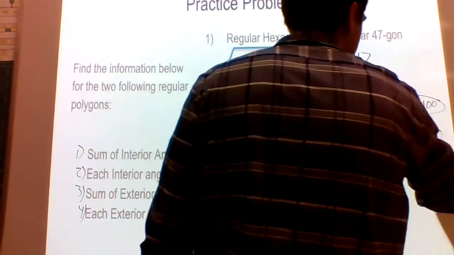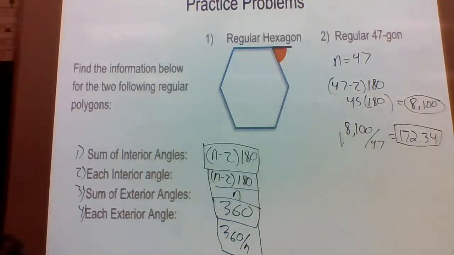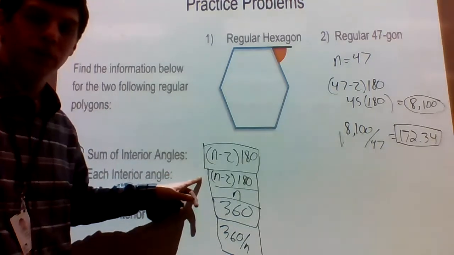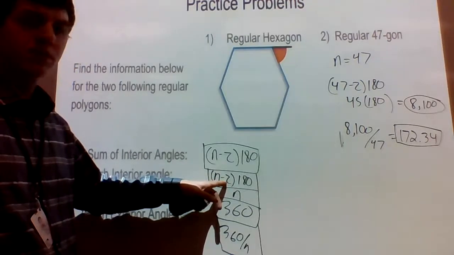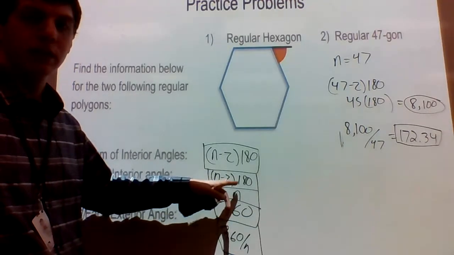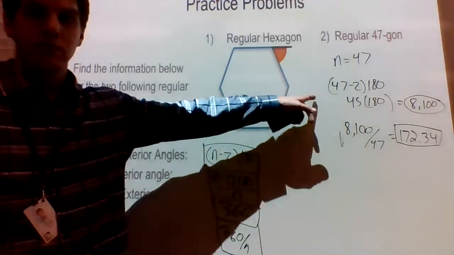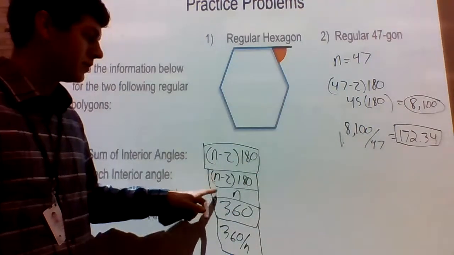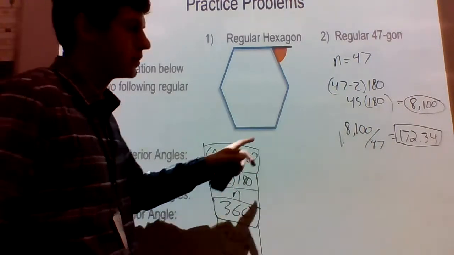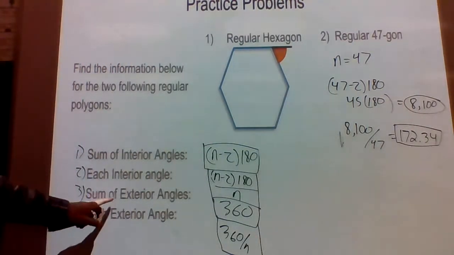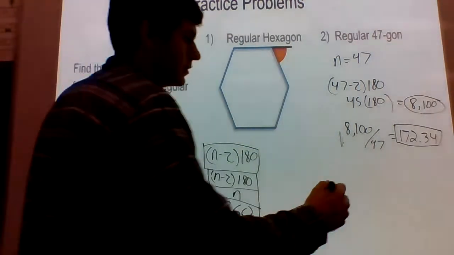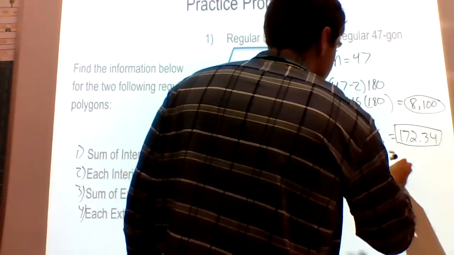So that is each interior angle. We could also put it in the equation if you want to. 47 minus 2 is 45. 45 times 180 is 8,100. And then 8,100 divided by 47 is going to give us 172.34.